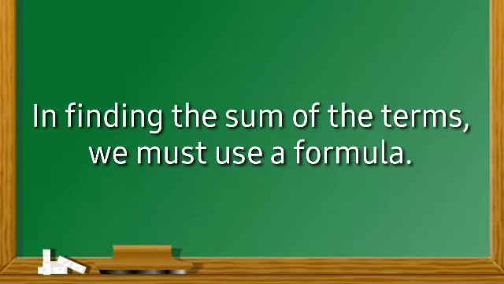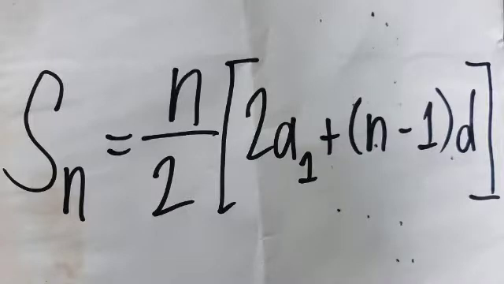In finding the sum of the terms of an arithmetic sequence, we're going to use a formula. So what is the formula that we're going to use? S sub n is equal to n over 2 times the quantity of 2 a sub 1 plus n minus 1 times d.